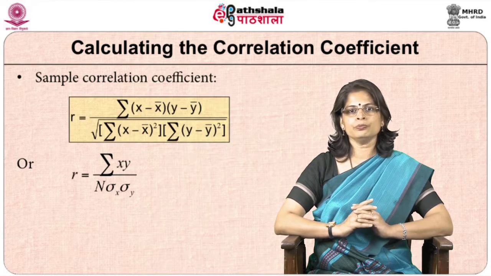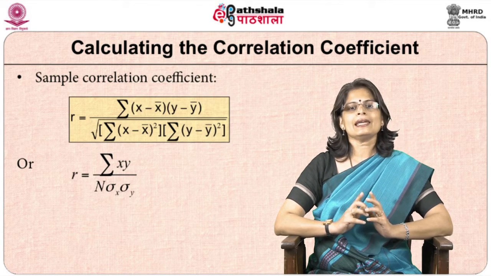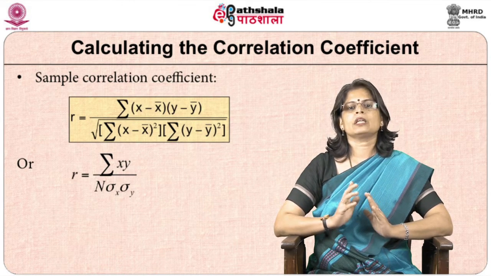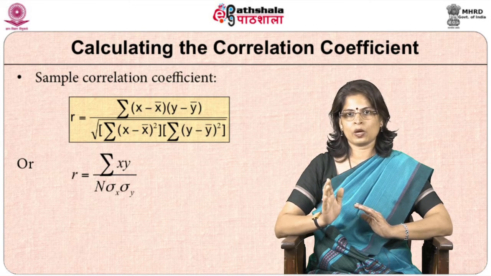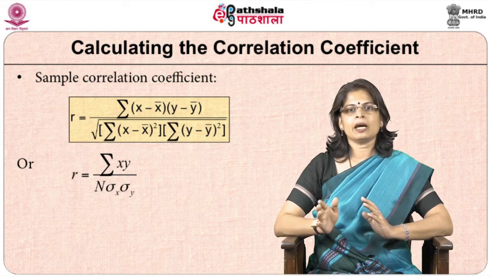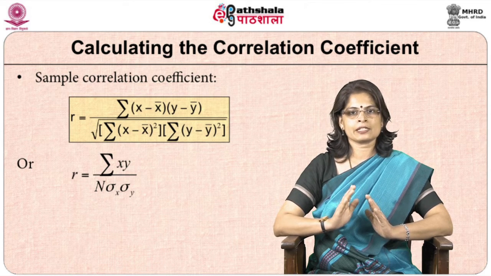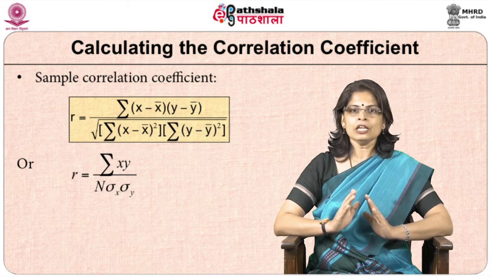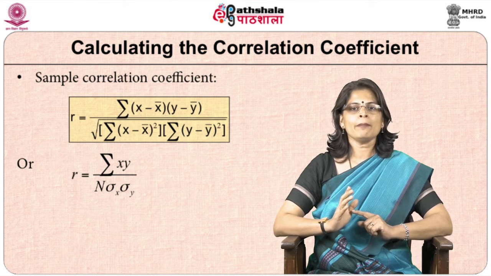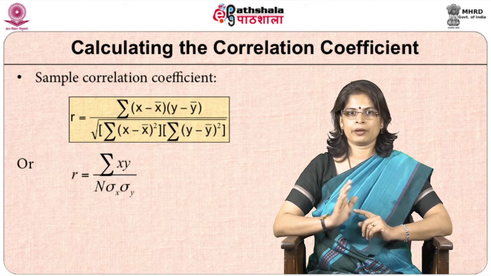The formula for calculating the correlation coefficient can be given as R equal to summation (x minus x bar) into (y minus y bar) divided by under root summation (x minus x bar) square into summation (y minus y bar) square.